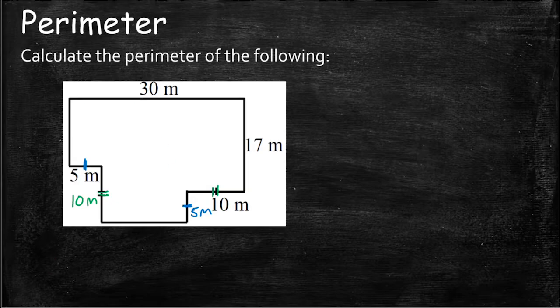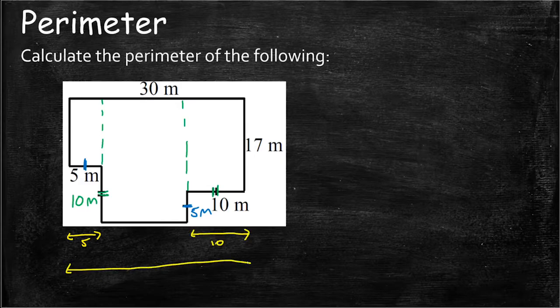Then what else do we know? We know that if we cut this bit here down, and if we cut that bit there down, we can actually work out what the middle length should be. So if this distance is 5, and that distance there is 10, and the total distance is 30, as you can see at the top down here, that's 30 meters, that whole length there.